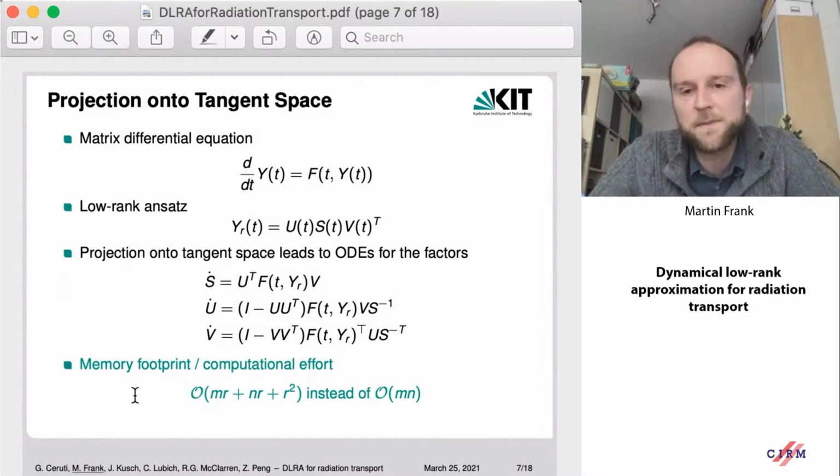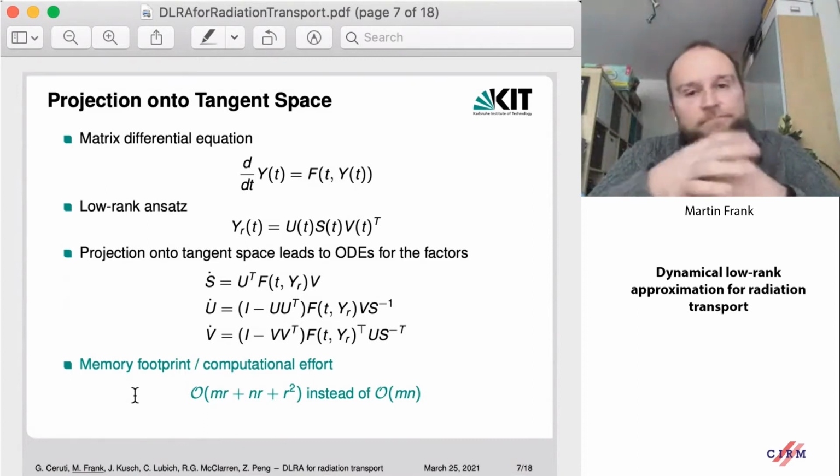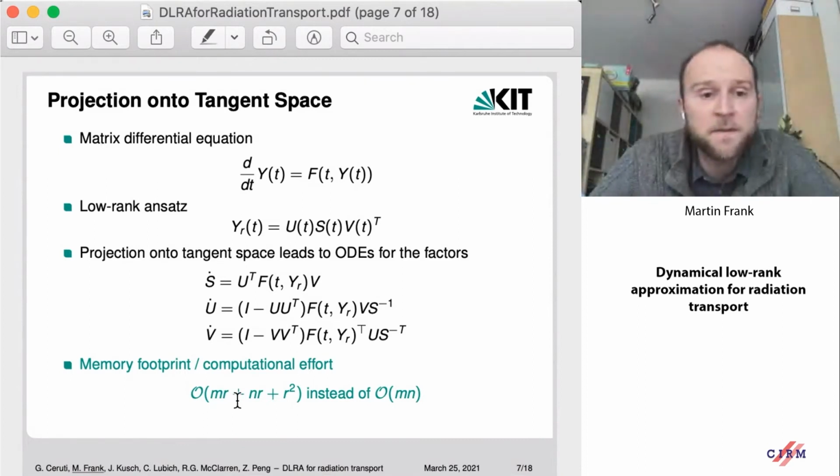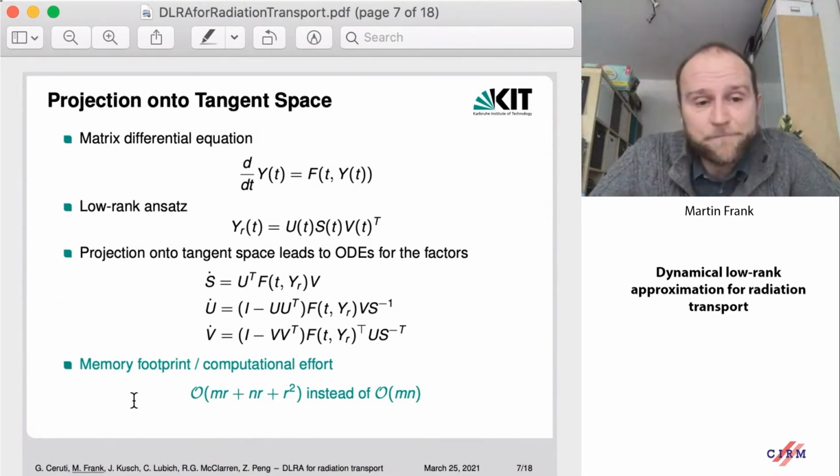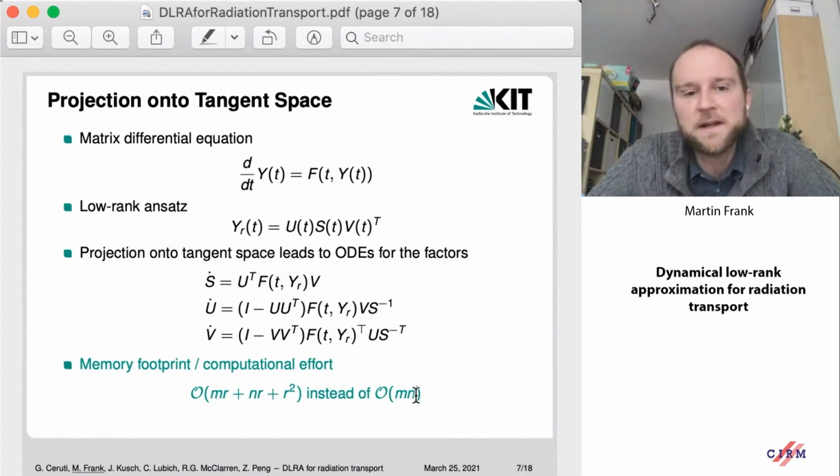Yeah, so think of my spatial discretization as M. Think of a 3D spatial discretization, 1,000,000 degrees of freedom. Think of a velocity discretization in N, which might be in the hundreds or something like this. And typically, my whole quantity is of order M times N, right? So number of spatial cells times number of velocity.